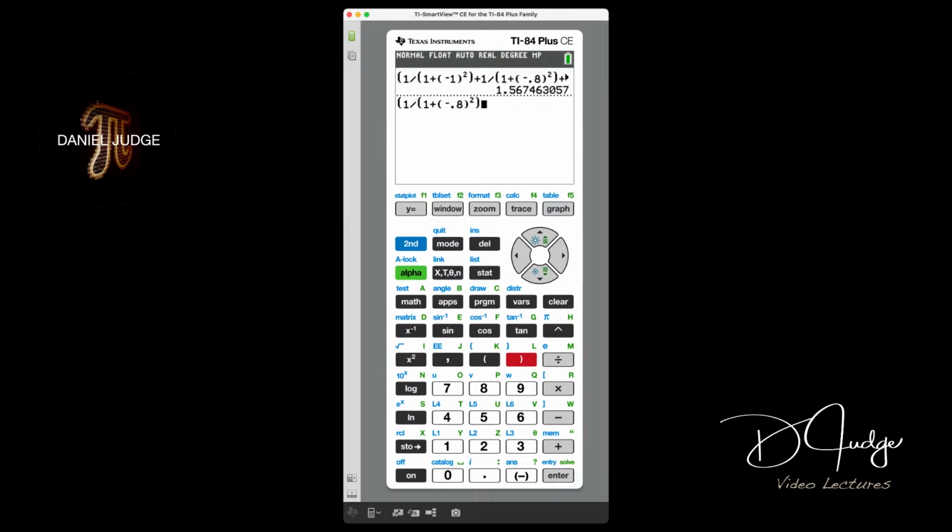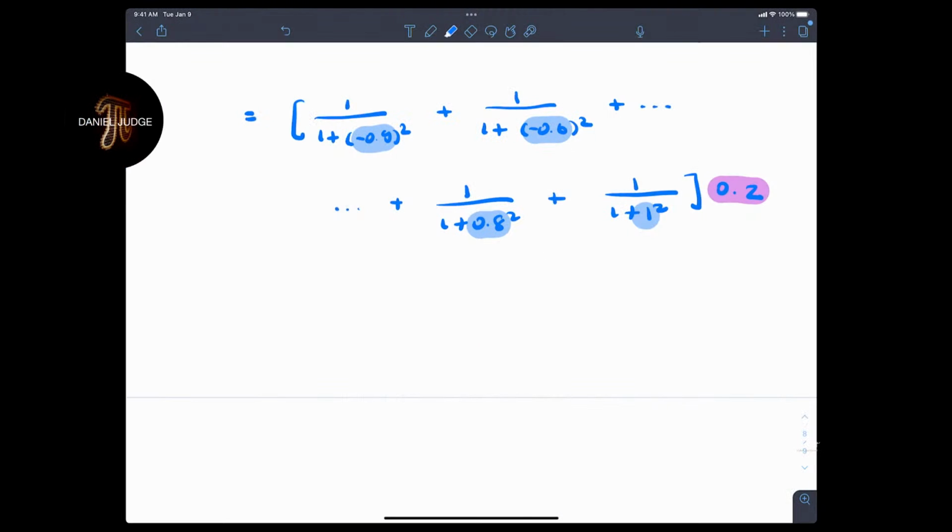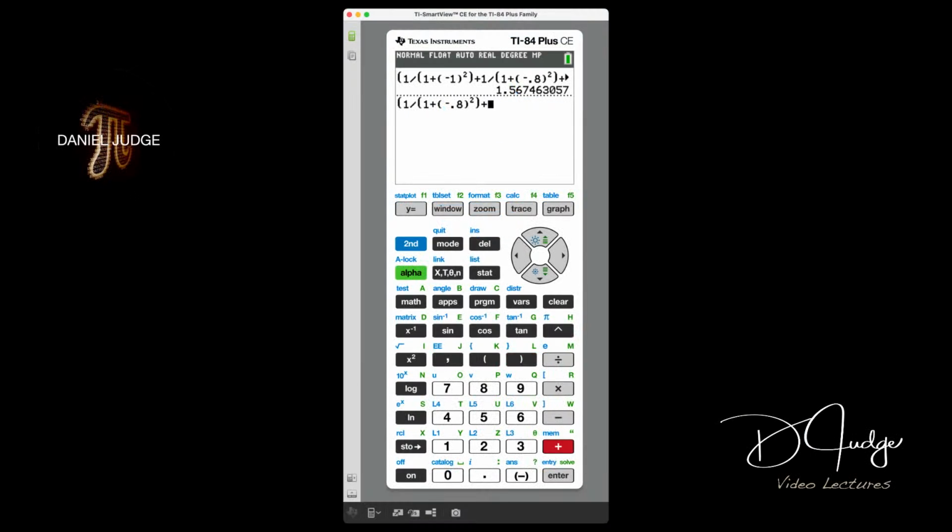Close the parentheses again. That's the first approximation. Plus 1 divided by, parentheses, 1 plus negative, let's go back to the negative, 0.6, square that there, and you close this one.